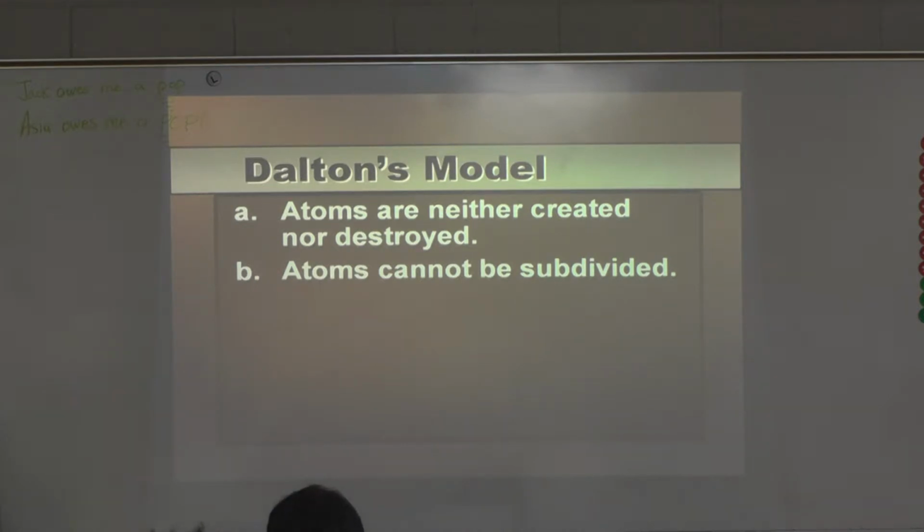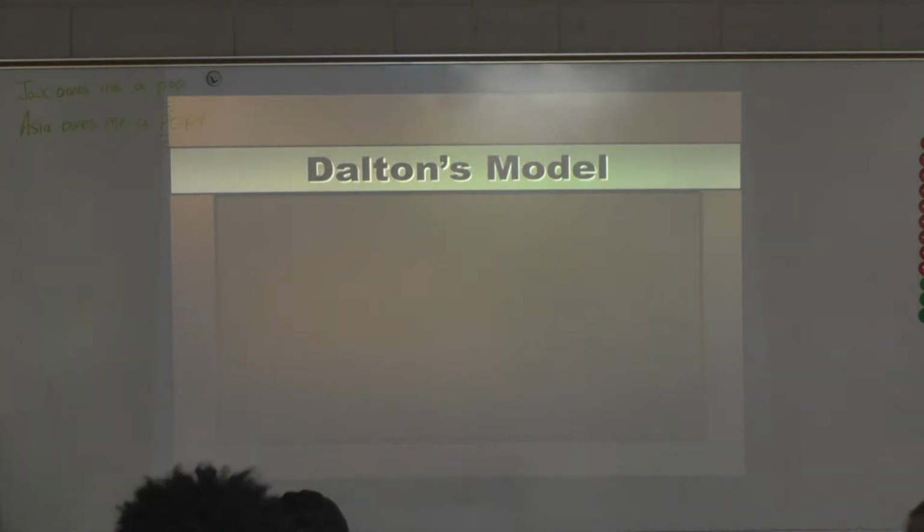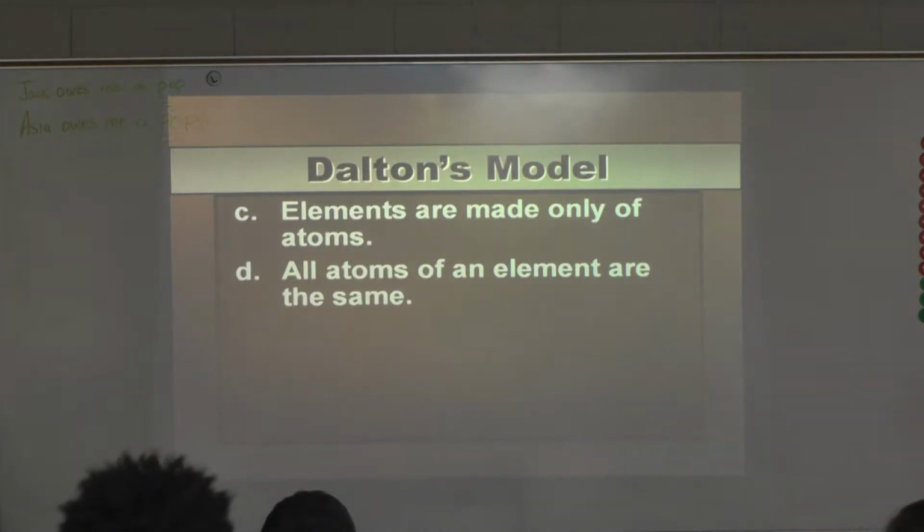Still, have we found the electron, proton, neutron, or nucleus, or any of that stuff yet? Or have we gotten there? No, we still have a ways to go. We're going to get there today, or at least start getting there when we start talking about the next couple guys. Okay? A couple of things about his model.